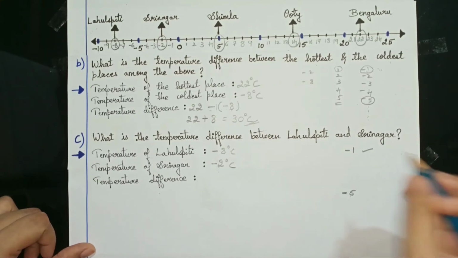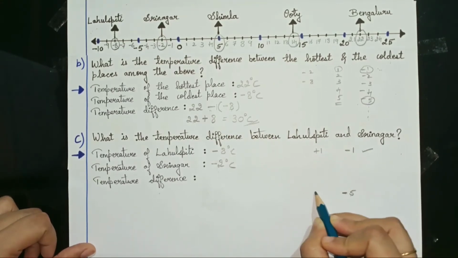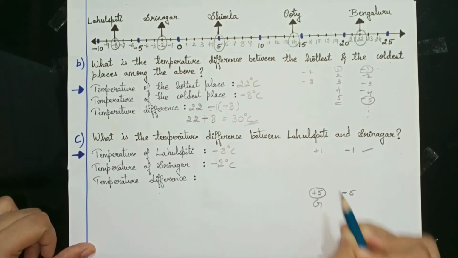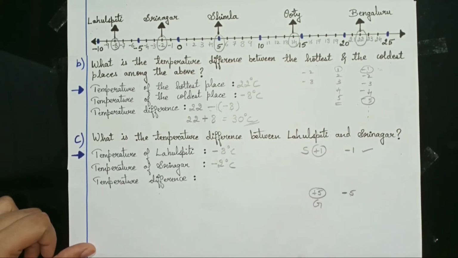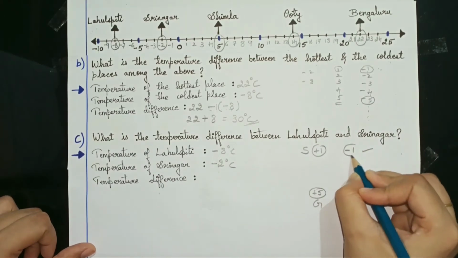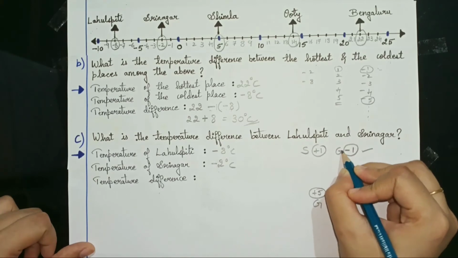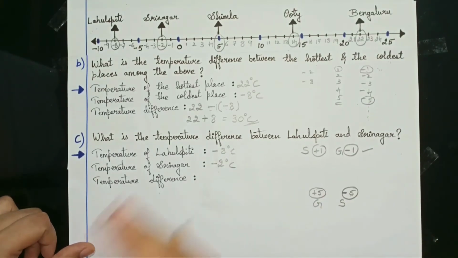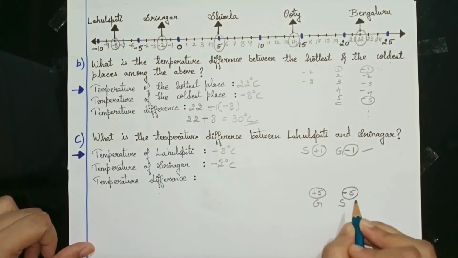In the reverse case, if I take +1 and +5, +5 is greater, whereas +1 becomes smaller. But if the numbers have a minus sign, then -1 becomes greater and -5 becomes smaller. See the difference there.